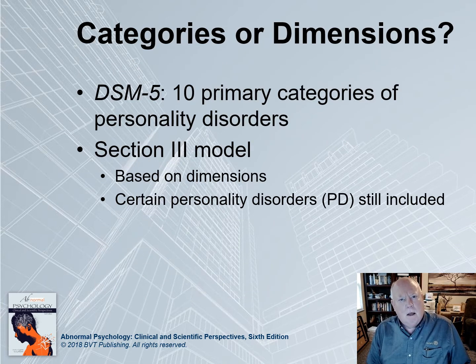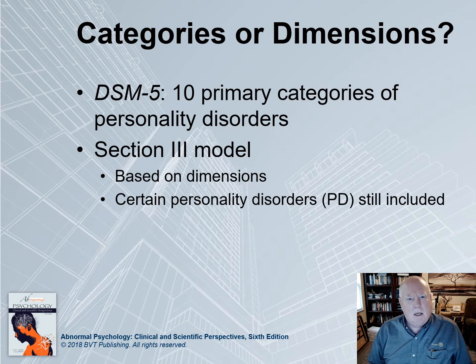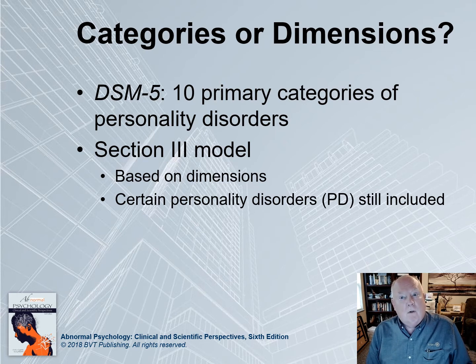Now, after reviewing personality, it's important for me to tell you that until quite recently, the research on personality and the research on personality disorders had almost nothing to do with one another. In the DSM-5, there had been some overlaps that we had not seen before. But by and large, the history of the personality disorders and the history of the study of personality have little overlap.